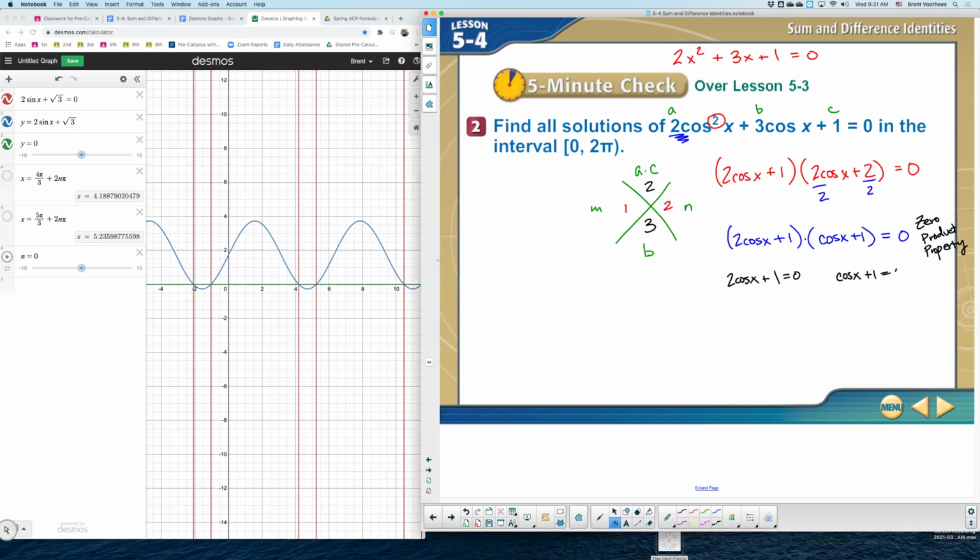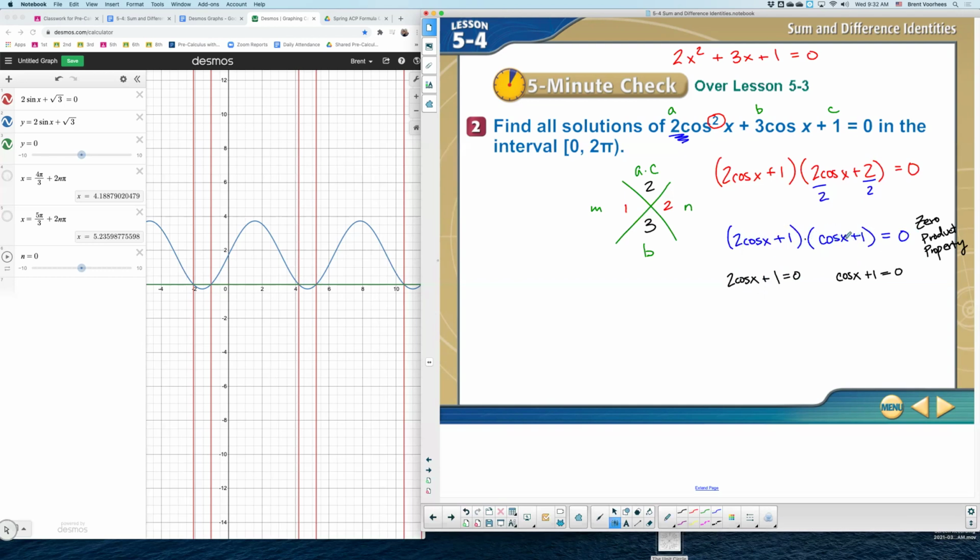Anyways, jokes aside, let's solve this. The zero product property states that if you have two factors with a product of 0, the only way that's possible is if one of the two factors actually equals 0. So if this first factor is 0, then multiplying would give me 0.